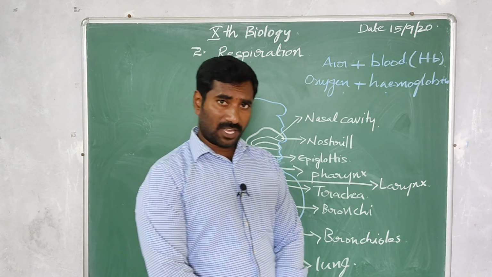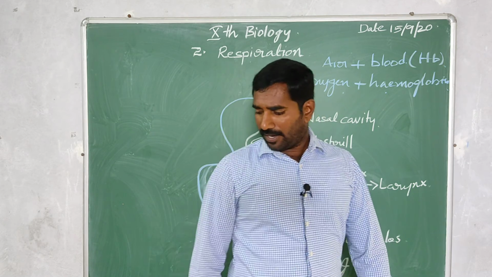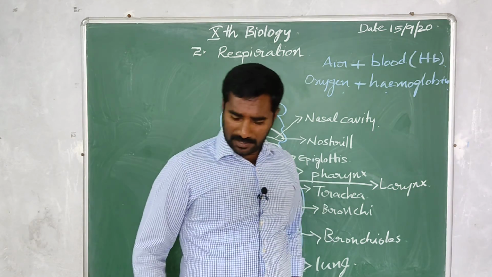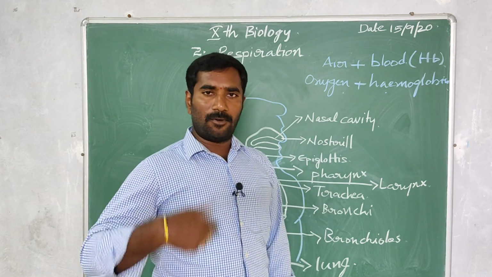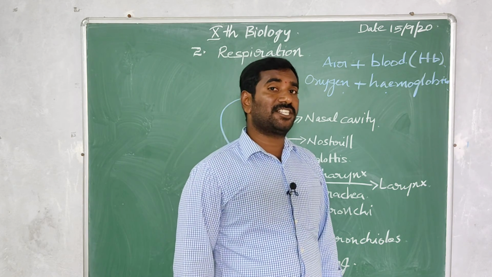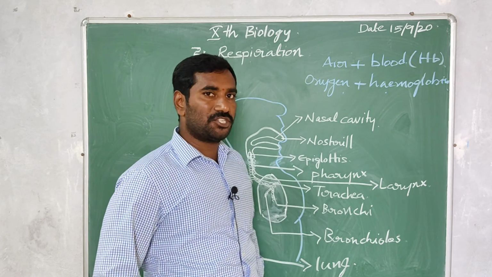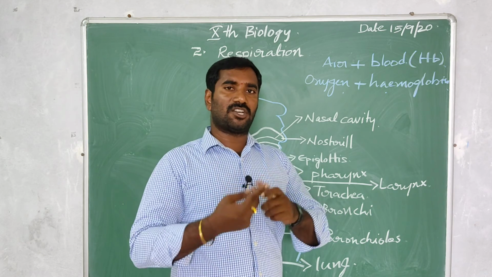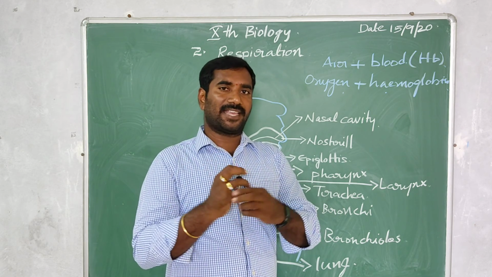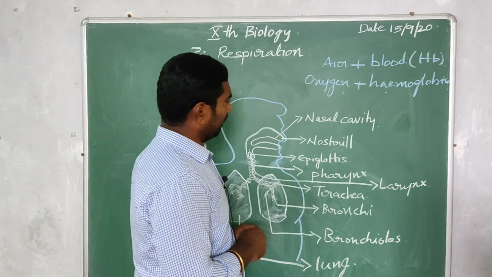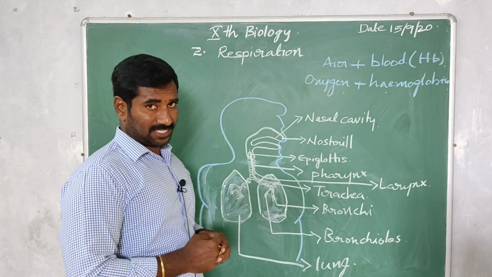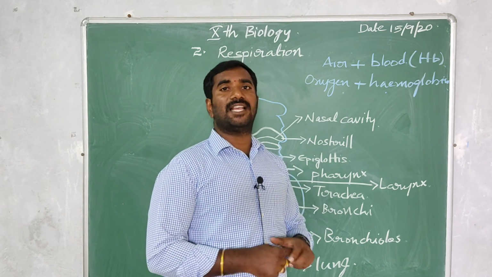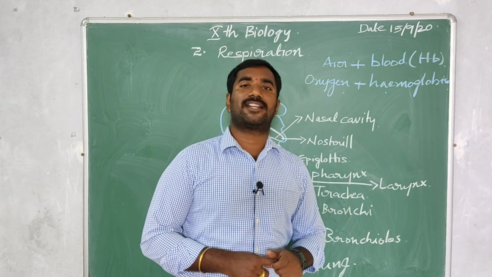When the blood reaches the body parts, gases are exchanged at tissue level. We have tissues. Later gases are exchanged at cell level. We call this cellular respiration.